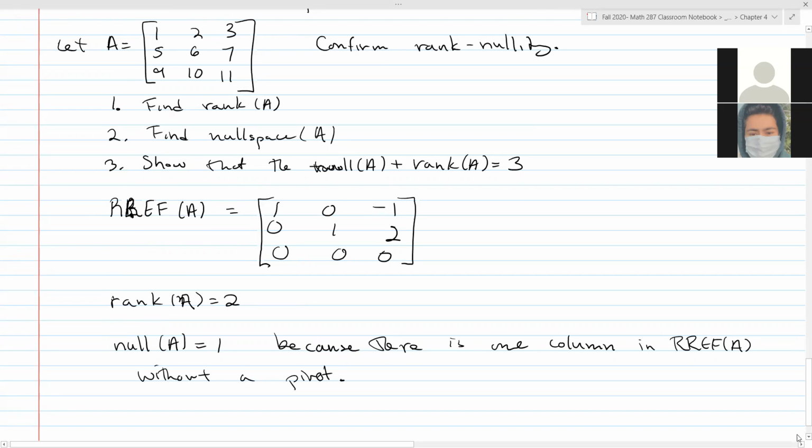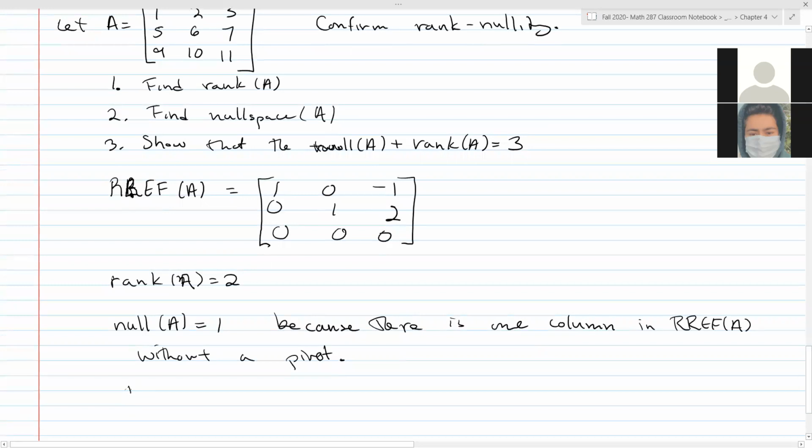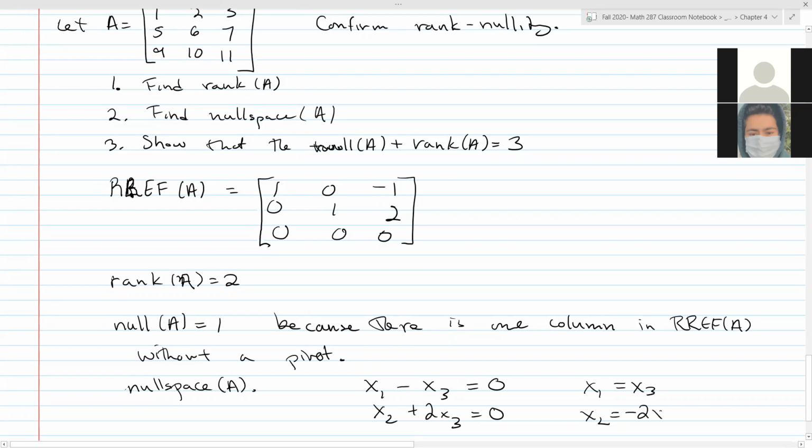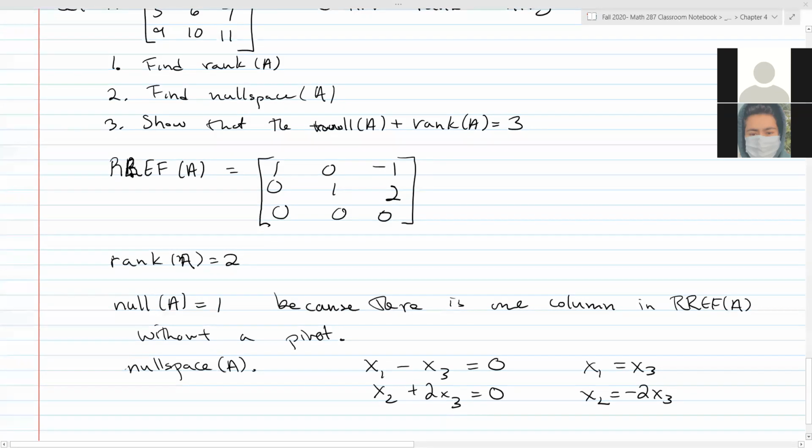But what I want to do is actually write out what the null space of A is. All right, so that's going to give me x1 minus x3 equals 0, and x2 plus 2x3 equals 0. So I get x1 equals x3, and x2 equals negative 2x3.